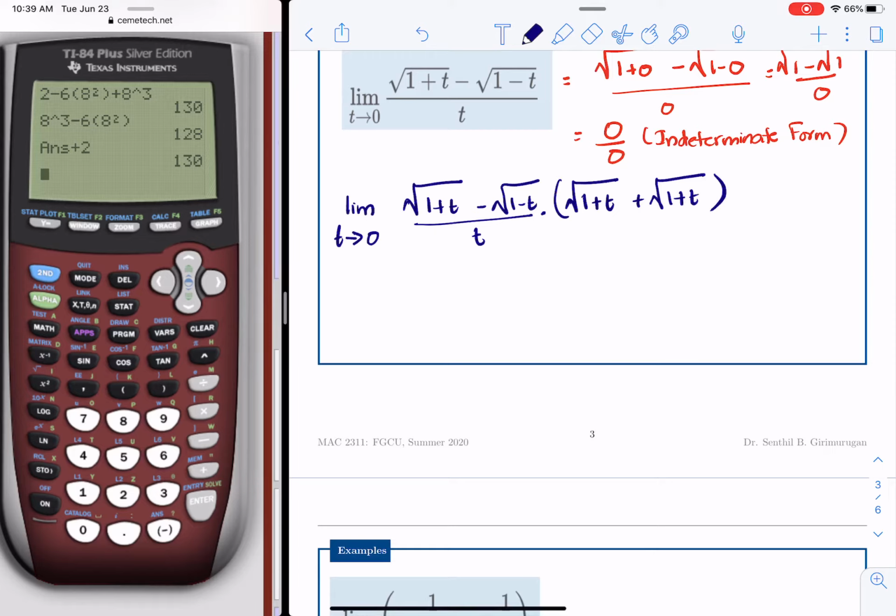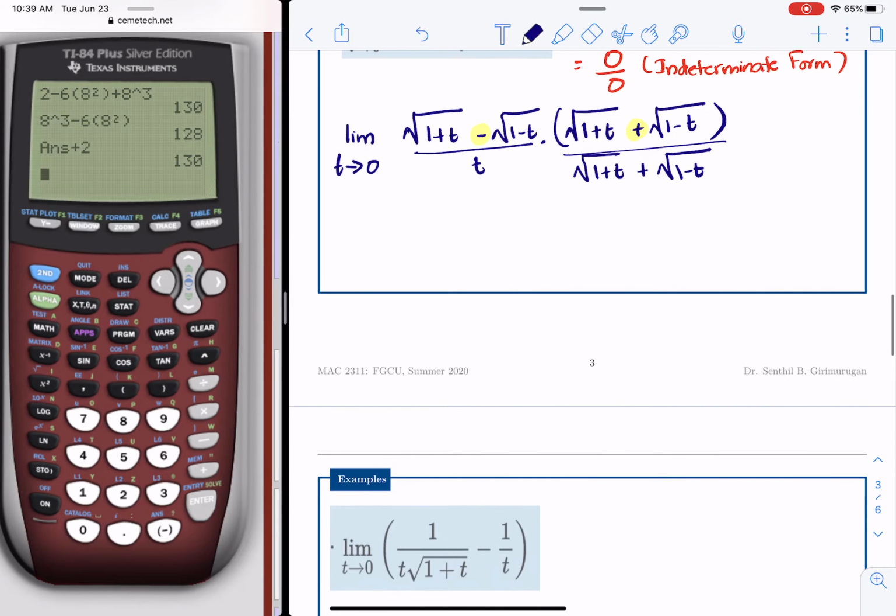So the conjugate here for square root of 1 plus t minus the square root of 1 minus t is simply the square root of 1 plus t plus the square root of 1 minus t, divided by square root of 1 plus t plus square root of 1 minus t. If we FOIL the numerator, we would end up getting square root of 1 plus t squared minus the square root of 1 minus t squared, and the denominator would remain as is.